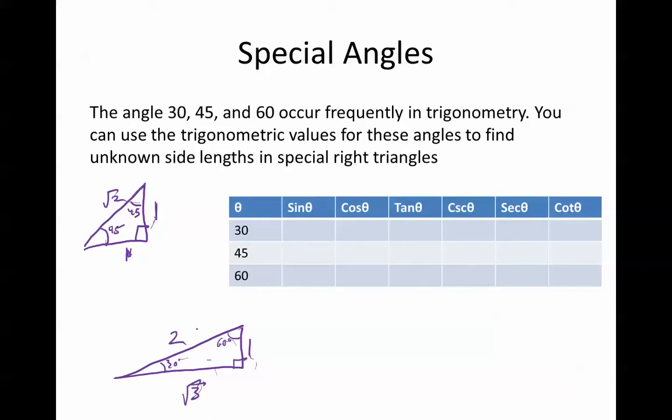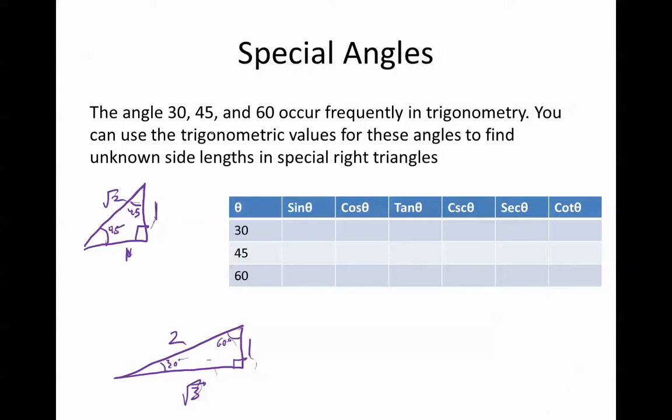So for each of these angles, 30, 60, and 45, their sines, cosines, tangents are commonly used for this thing called the unit circle. So we'll have this as a little reference that we can use for later, because we're going to use the values for these ratios often.